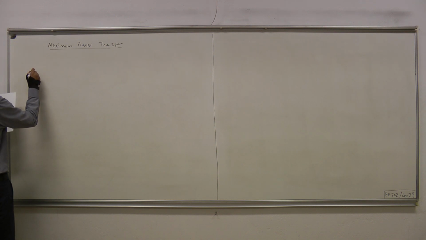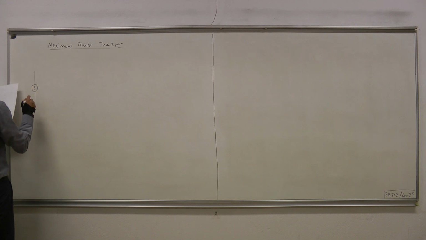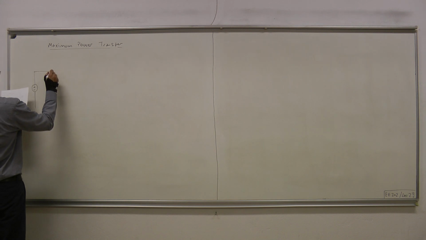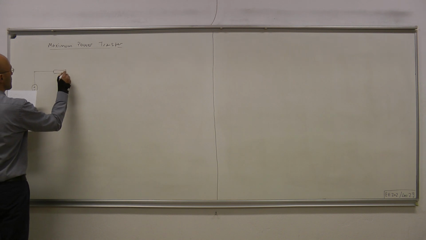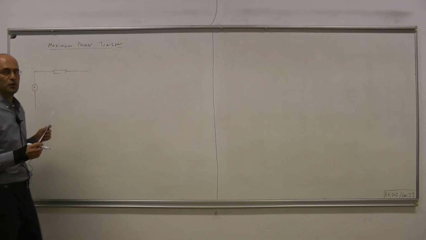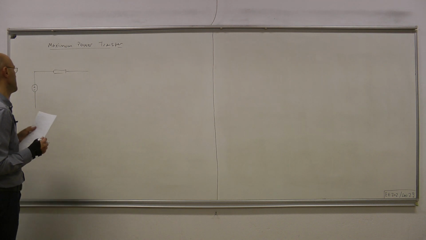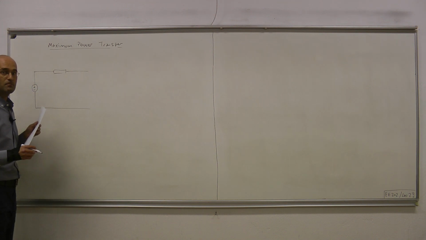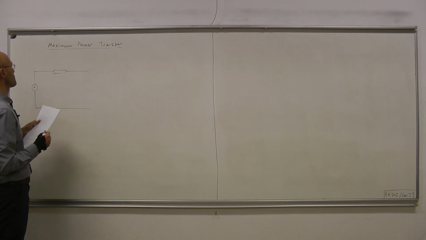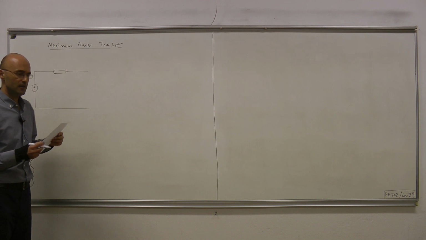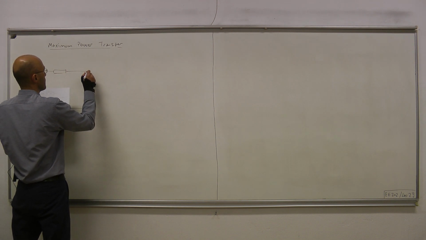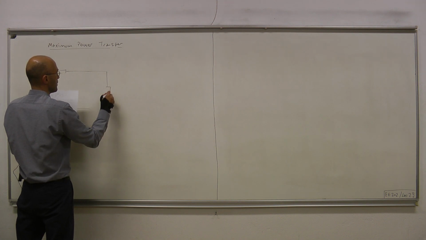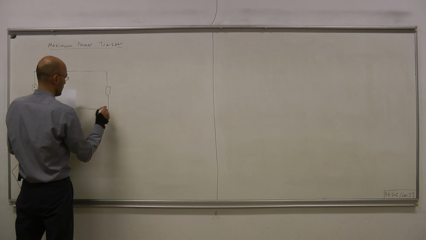Here on the left hand side, we have a voltage source connected in series with an impedance, so that would represent the Thevenin equivalent circuit seen by the load, and then here we have the impedance representing our load.